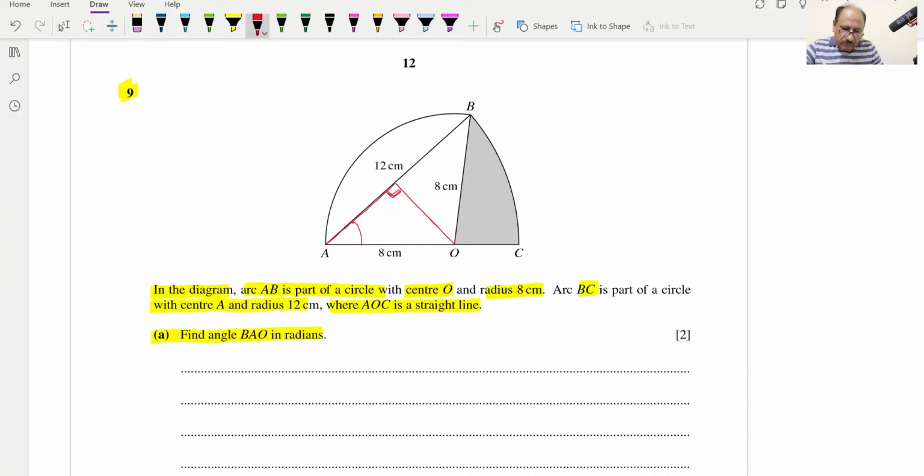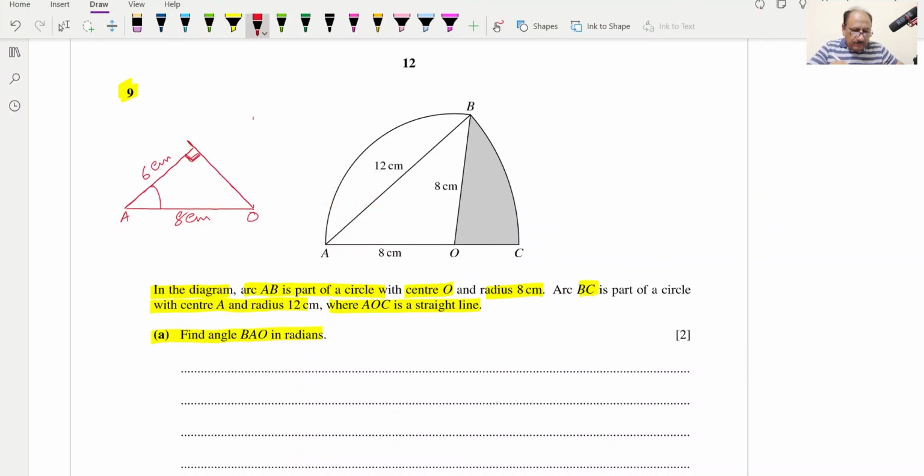This is the triangle which we are now considering, and this is our A, this is our O, this is 8 centimeters, and this is half of 12, which will be 6 centimeters.